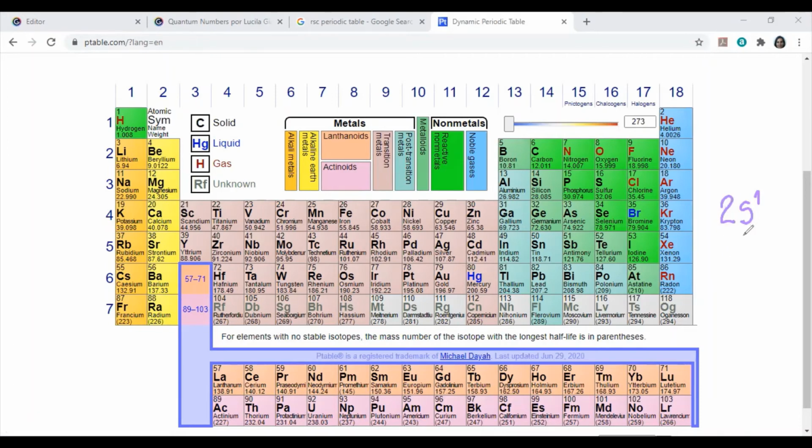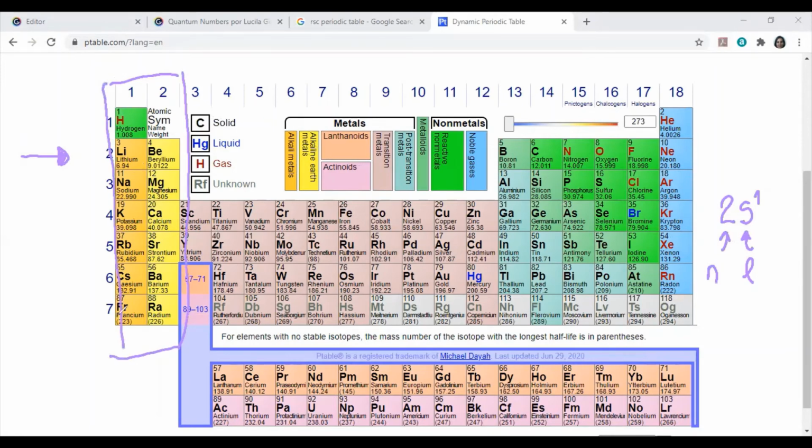We said that this 2 represents N, which is my principal level, and that was associated to the period. So then I know that the element I'm looking for is here. Now I also know that this S here represents L, which is the orbital type. I also know that S can only hold up to 2 electrons. So this limits my space to this part here of the periodic table.